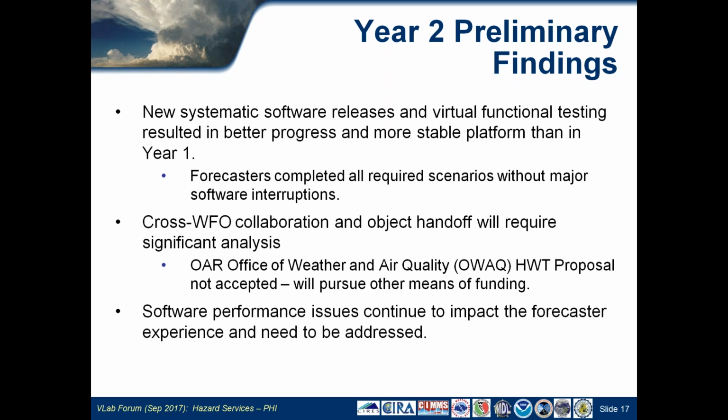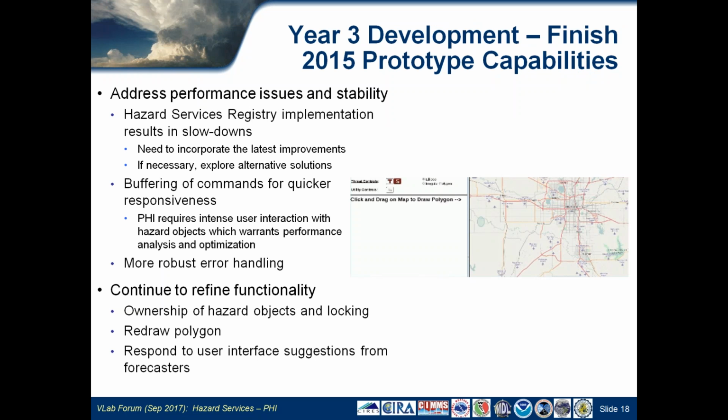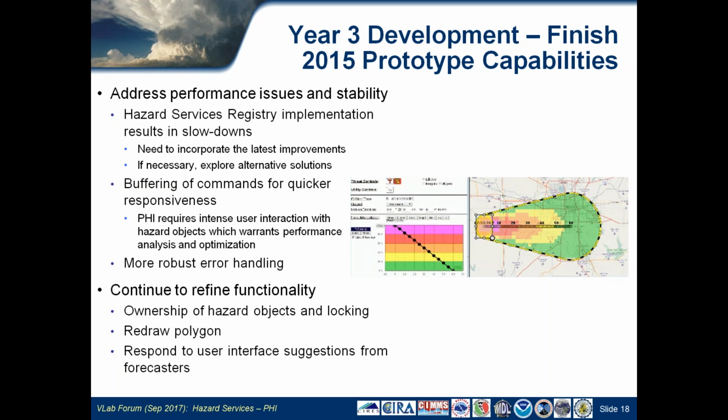Okay, and so even though we made a lot of progress this year in terms of functionality and a stable platform, we still found that there were software performance issues that are impacting the forecaster experience. So if we go on to the next slide, we'll definitely be trying to address those performance issues and continue addressing stability. So we're working on those now.